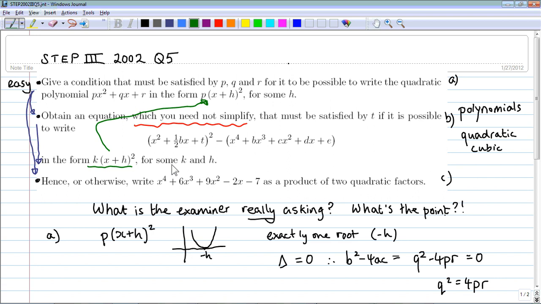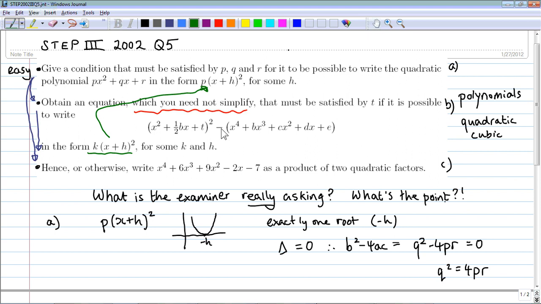And what they're doing here is they're giving you quite a complicated structure, and you need to not be afraid of it. Yeah, you would never see this in A-level because they're throwing so many different variables at you. You've got b here, then you've got b, c, d, e here, and then you've also got k and h. But the trick here is that we don't need to know k and h.